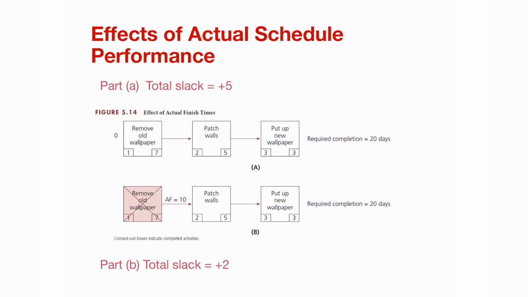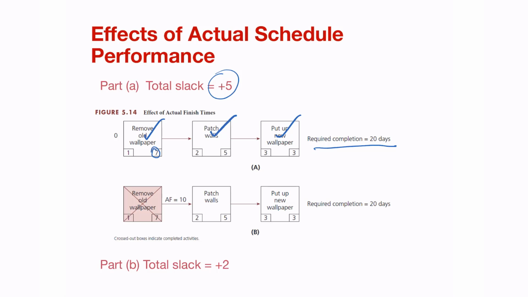The effect of actual schedule performance. If you look at total slack, we were looking at slack earlier, which is the difference between when a project needs to be completed versus the actual final activity. In this case, we look at the effect of actual finishing time. The required completion time is 20 days to remove the old wallpaper, patch the walls, and put up new wallpaper.